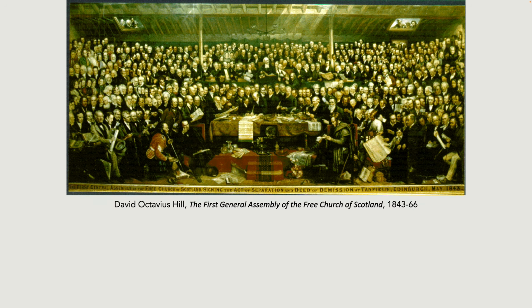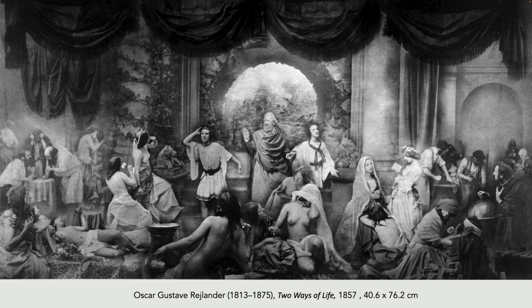So photography was changing the way events were recorded and the way artists worked and the way even that we see the world. But there was another train of thought about how photography should be used to create art. And the person I've chosen, in fact one of the earliest persons and best known at the time, is Oscar Gustav Rylander.